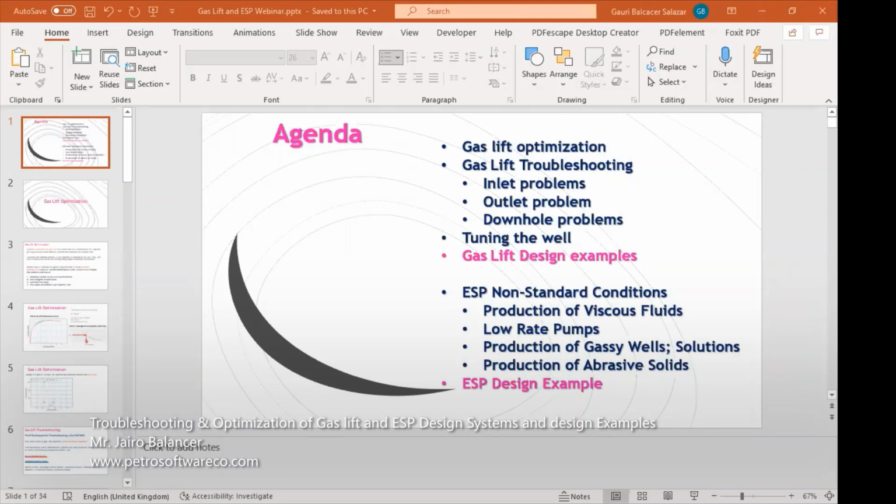I will present this webinar. Basically, it's talking about gas lift and ESP. On the gas lift, as in the agenda, we will talk about gas lift optimization, troubleshooting in mainly three areas: inlet problems, which we will define, outlet problems, and downhole problems.